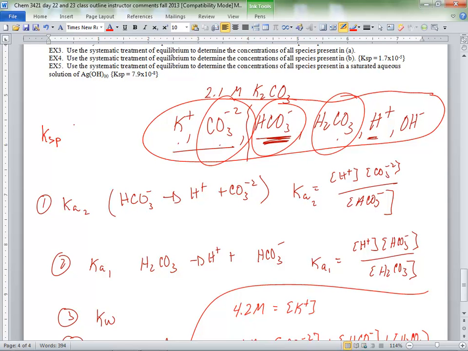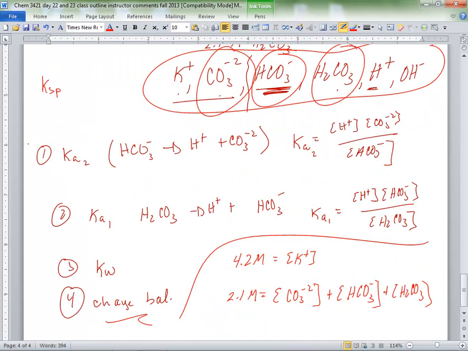You could be writing a KSP for it, and then you're trying to look it up and you can't find it. So to me, it just saves a lot of time to remember, oh, group 1, never. And it also helps to remember nitrates and ammonium, also never. But if it was a non-group 1, then you would write a KSP. Then you're probably going to have to look one up. For the mass balance, you have to look at those original subscripts.